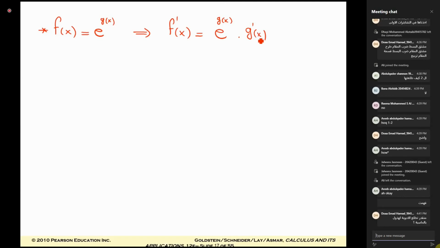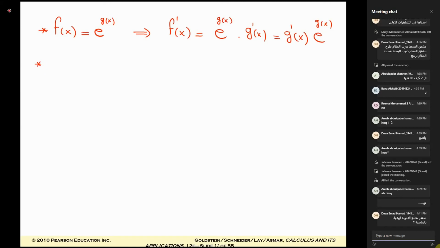Also we can put the derivative of the exponent first and multiply by e to the power g of x as it is. So the derivative of e to the power g of x, we have e to the power g of x, the same power, the same base, but must be multiplied by the derivative of what? Of the exponent, the derivative of the exponent, okay.